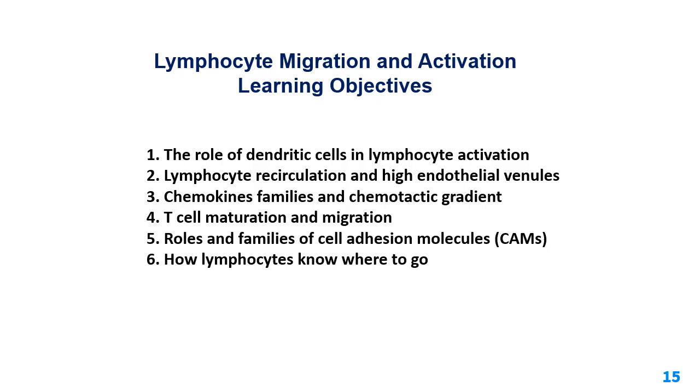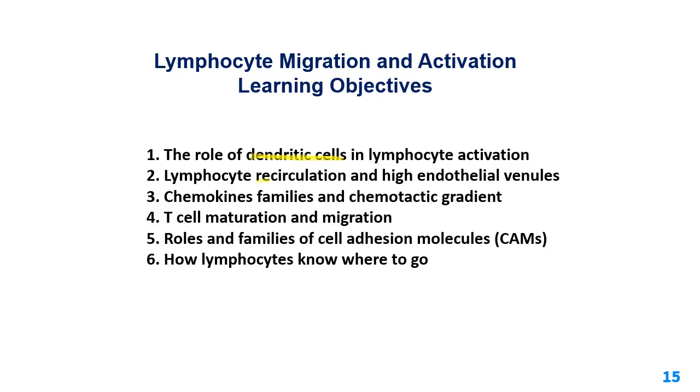All right, so finally we get to lymphocyte migration and activation. We're going to look at the very, very important jobs of dendritic cells. Then we're going to look at how those lymphocytes go from the blood to the lymph and then back to the blood, surveilling the whole body looking for bad guys.